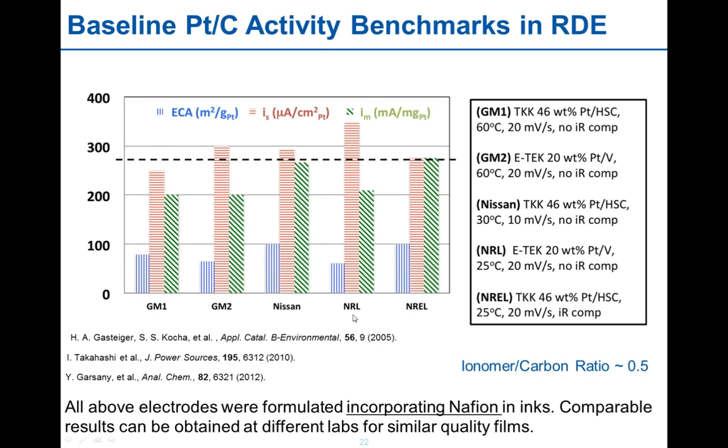When the films look about the same, we do get about the same activity. All of these films have Nafion incorporated. Sorry, but we do get some numbers in terms of activity. Next slide, please.